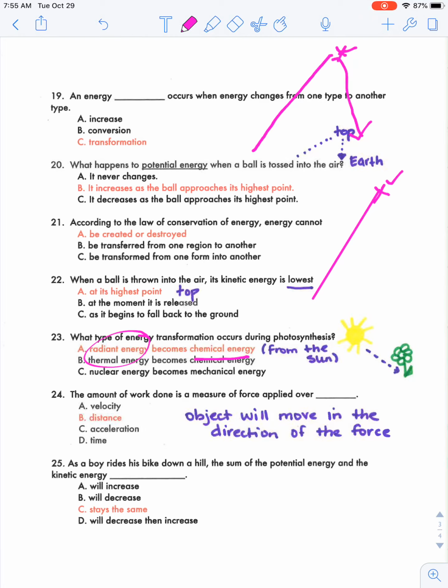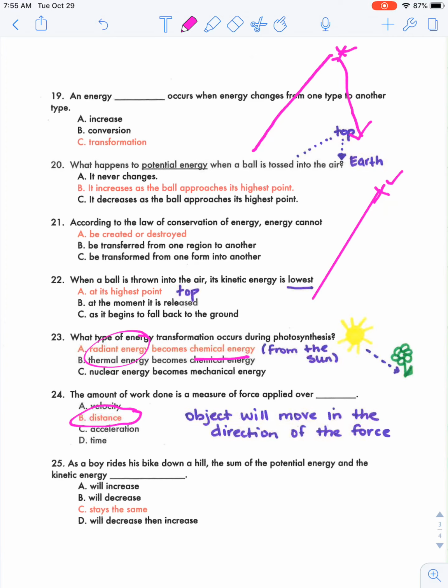The amount of work done is a measure of force applied over distance. There has to be movement. The object will move in the direction of the force. So think about when I would push that chair in class and push it away from me. As long as I was applying that force, which was the push, the chair would move.